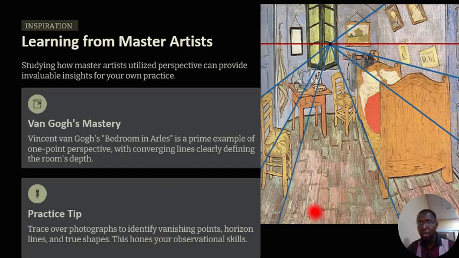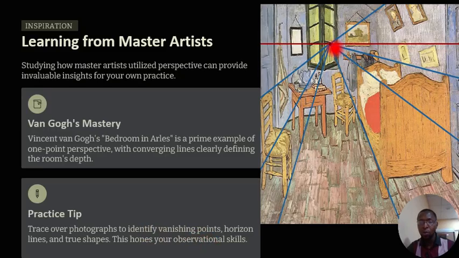You can see here that in this Van Gogh diagram or drawing, you could locate the true shape. The true shape here, number one, is the rest of the bed, facing the viewer. So by the time you get your own photograph, you can also identify the vanishing point.